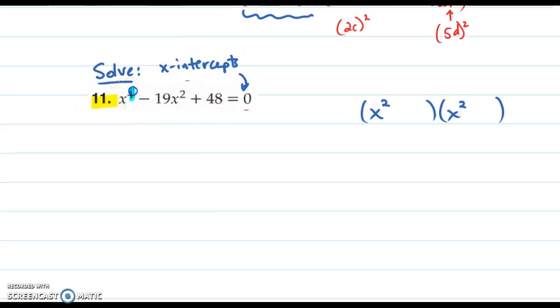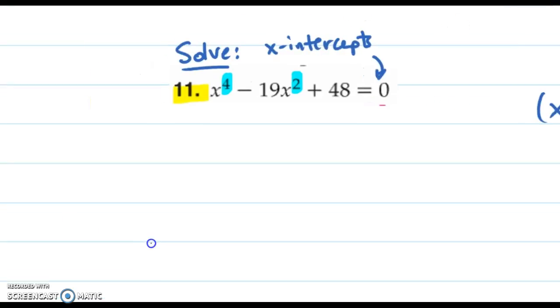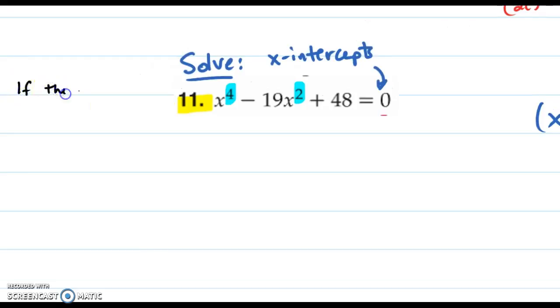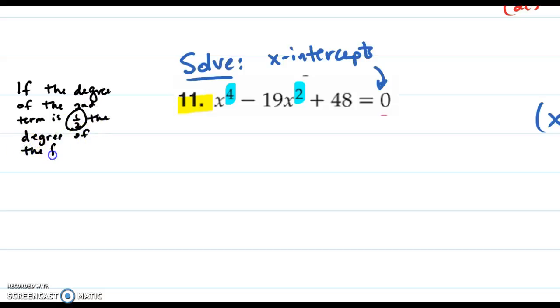When you look at the degree of the first term and the degree of the second term, if the degree of the second term is half the degree of the first term, the polynomial, that expression or equation you have, can be written as a quadratic.